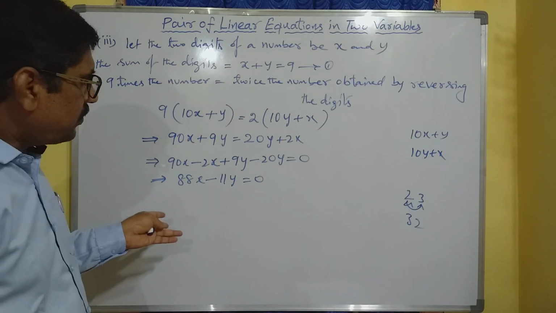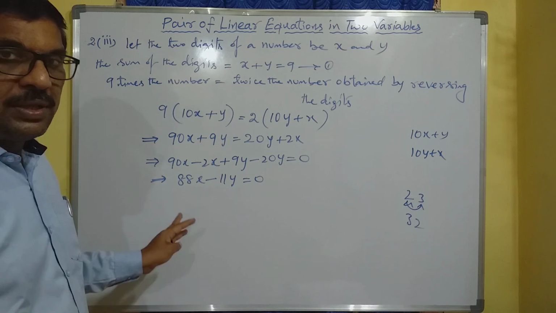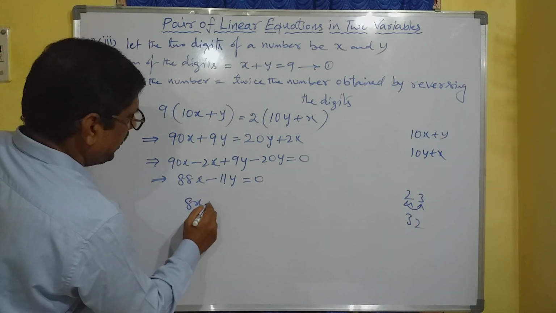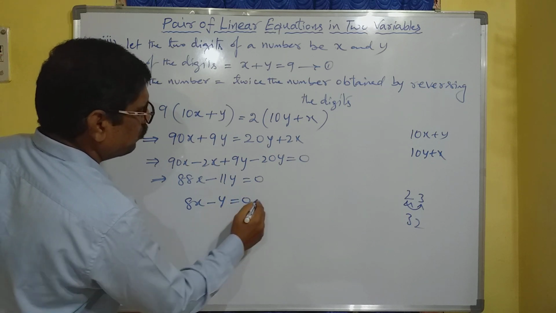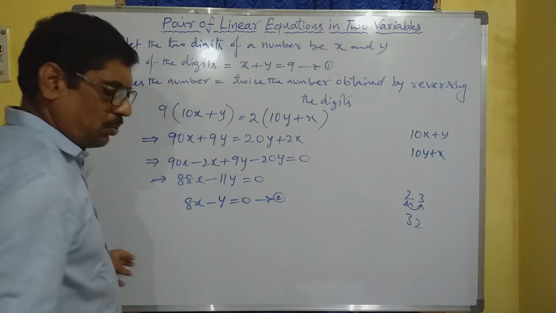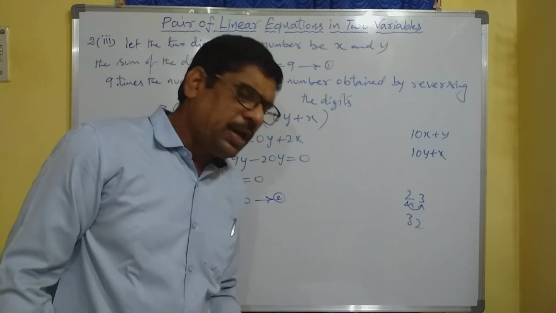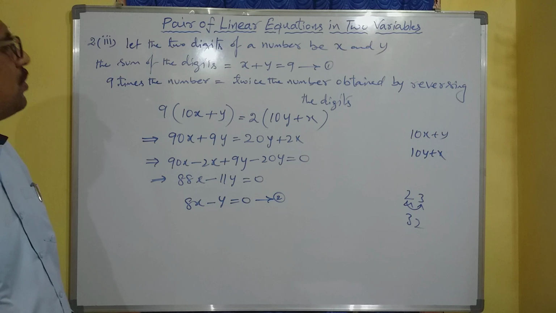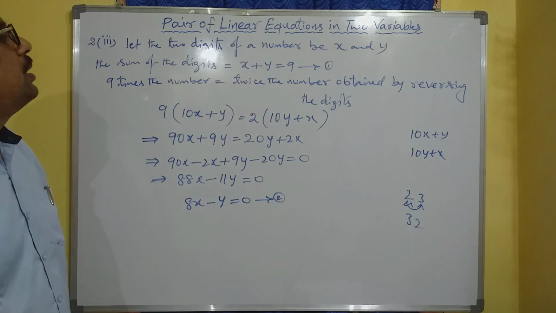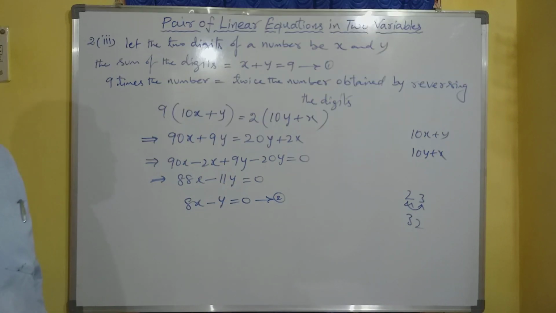We can simplify this by dividing with 11. 11 eights are 88, 11 ones are 11. So we get 8x minus y is equal to 0. So here we have got two linear equations: x plus y is equal to 9 and 8x minus y is equal to 0.